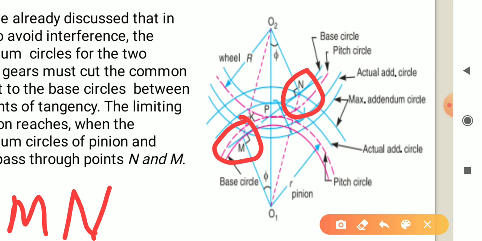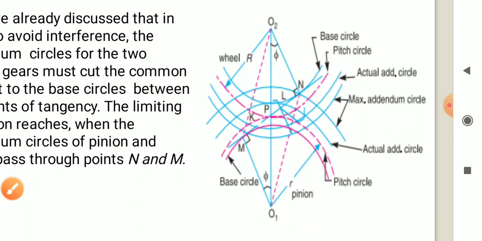That means to avoid interference we can increase the radius of this pinion up to point N, or we can increase the radius of this wheel up to point M. So points M and N are known as the interference points. We cannot extend the radius of the wheel beyond this point, and we cannot extend the radius of the pinion beyond this point. These two are the interference points.